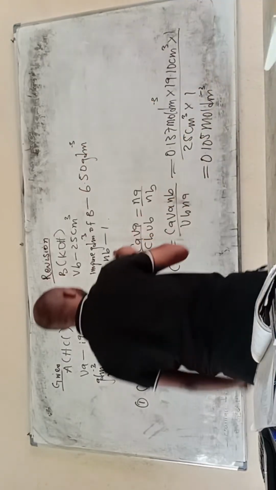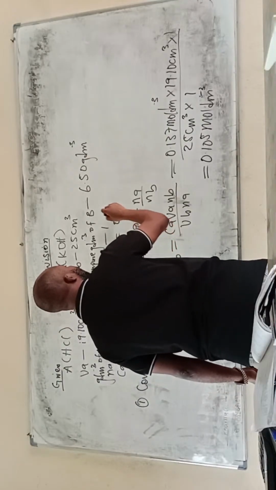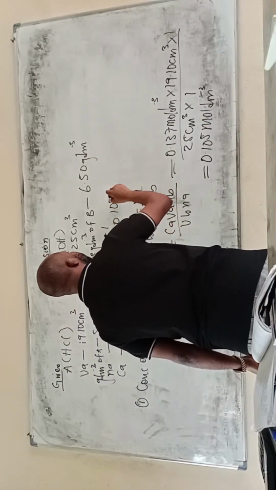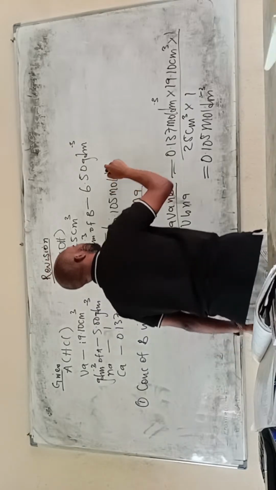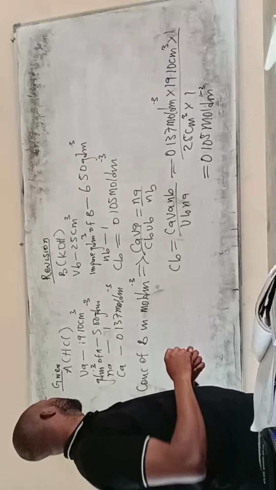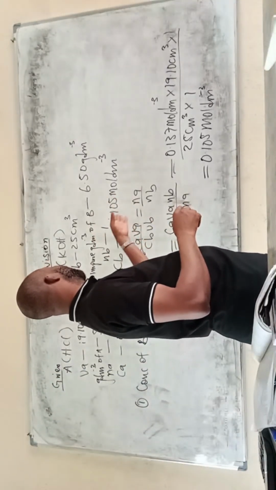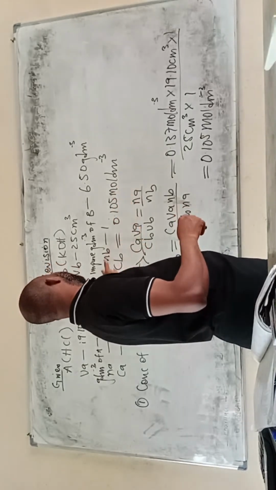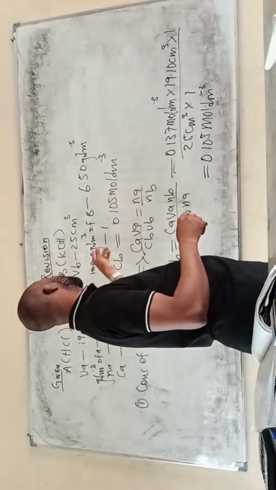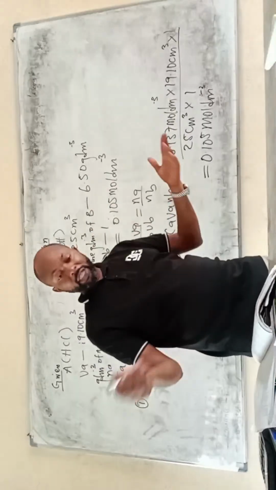So I come back here, I have my CB is equal to 0.105 mole per dm³. So I've gotten the concentration of the base in mole per dm³. Remember, they gave us the mass concentration of the impure to be this. Now, let me see the next question.